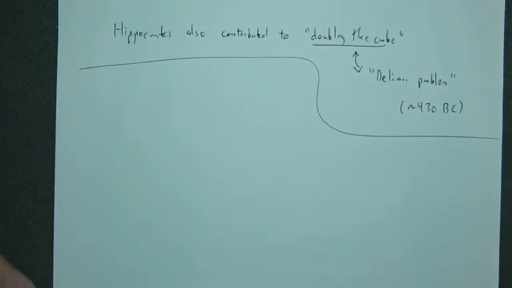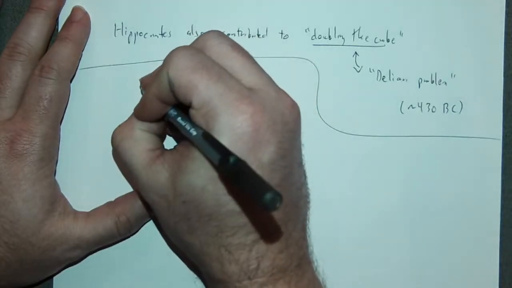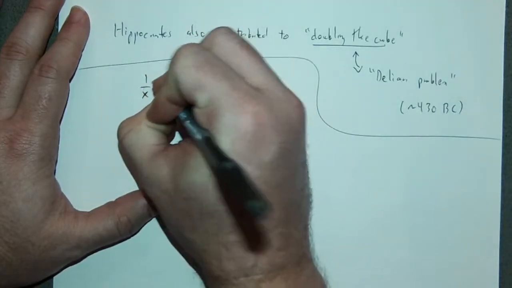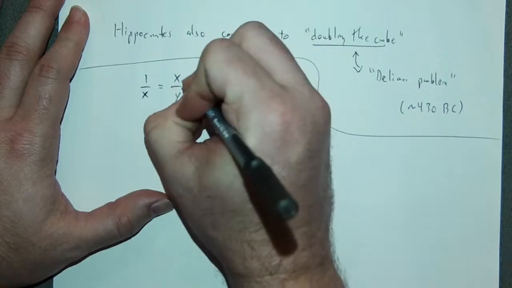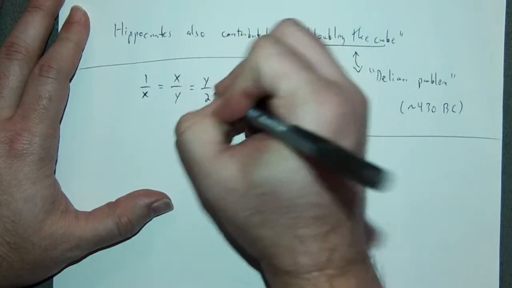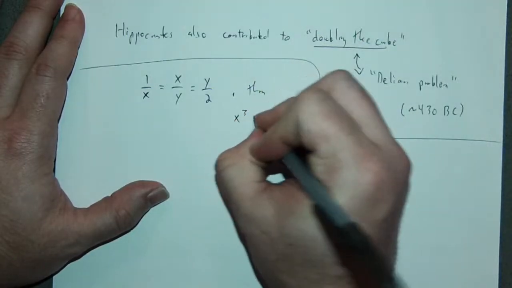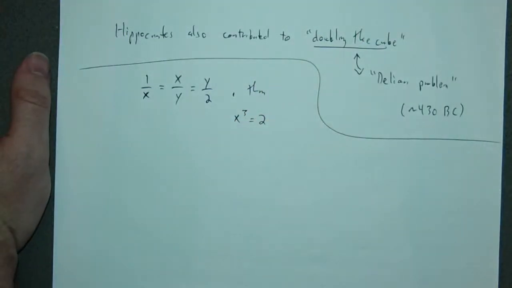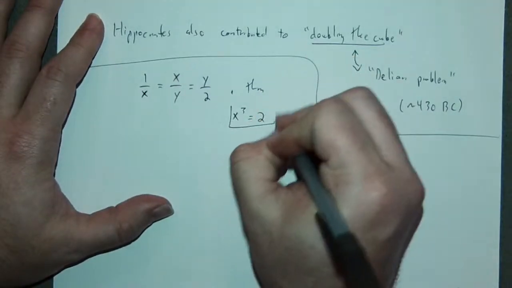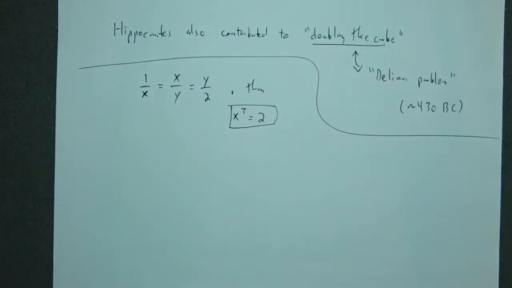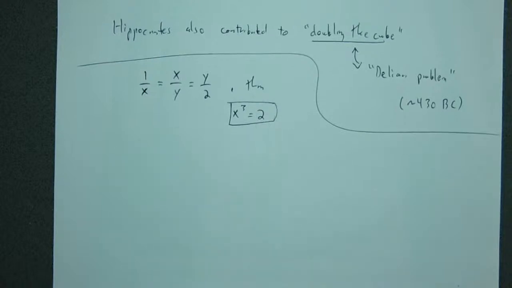So Hippocrates showed that if we could find quantities x and y such that 1 over x is x over y, and that's y over 2, then x cubed is equal to 2. Okay, and so basically, this would allow you to construct the cube root of 2, which is exactly the thing you need to do in order to double the cube.